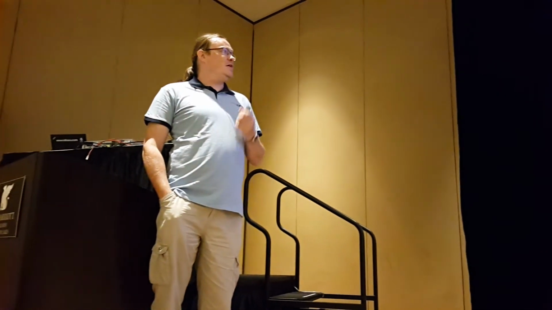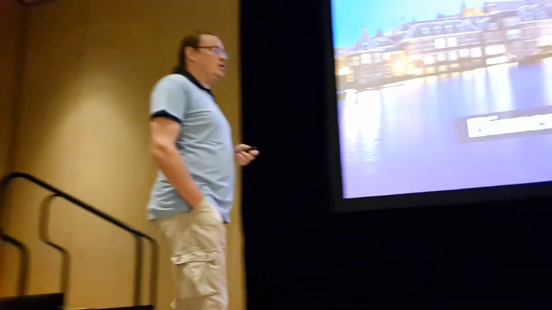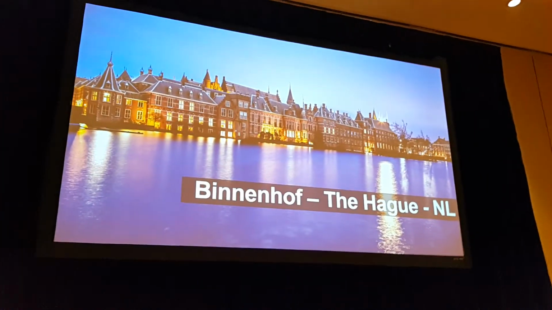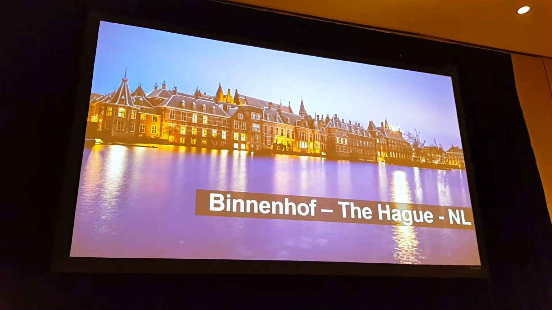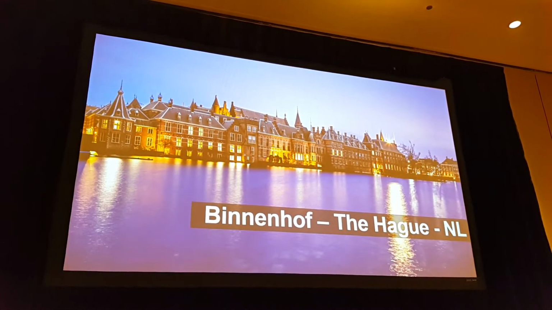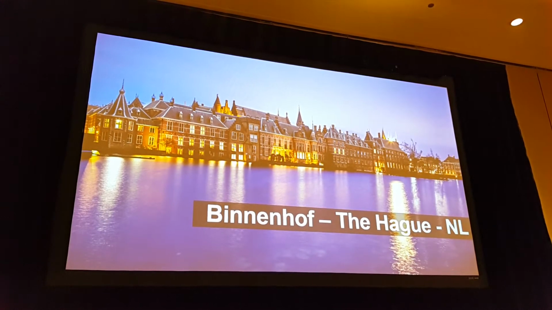So the government is in The Hague, and this building has been around for a long time. I think the first version of the building was built in 1200 or something like that, when the Indians were just running around here with their tents. And this building has a couple of similarities with NAV and design patterns.